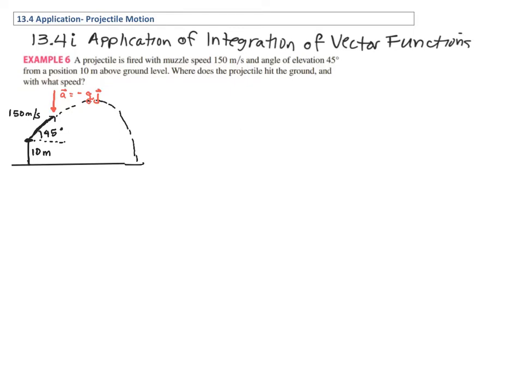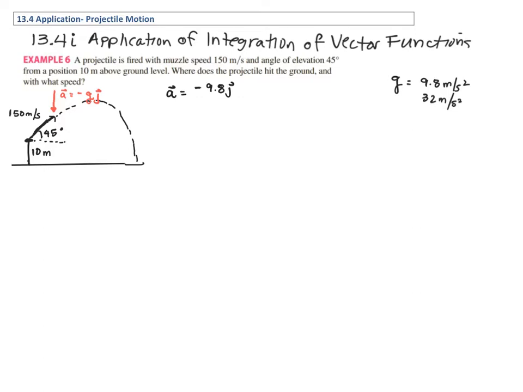And so we start each of these problems with acceleration equals minus the gravitational constant. We're using meters in this case, so 9.8 j. We use in here that g equals 9.8 meters per second squared, or 32 feet per second squared. So that's the acceleration vector.